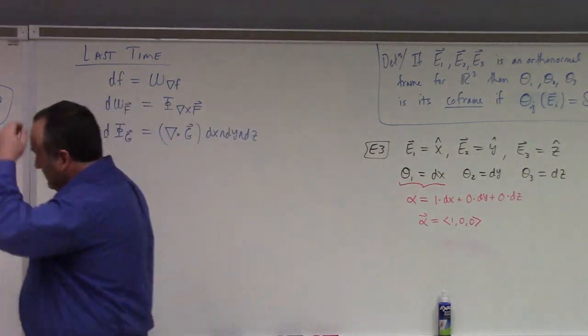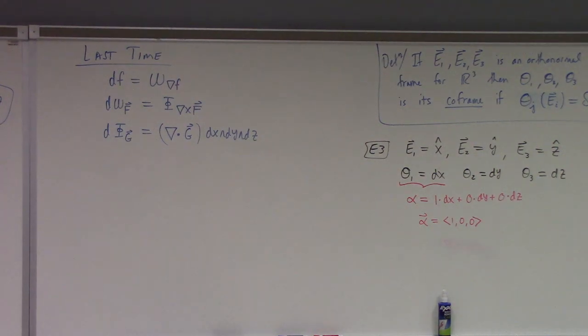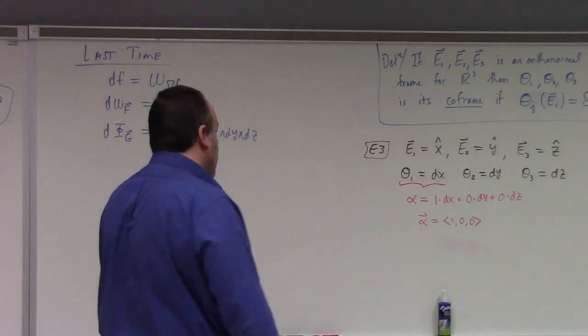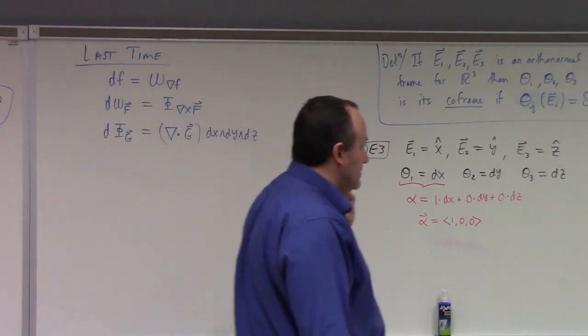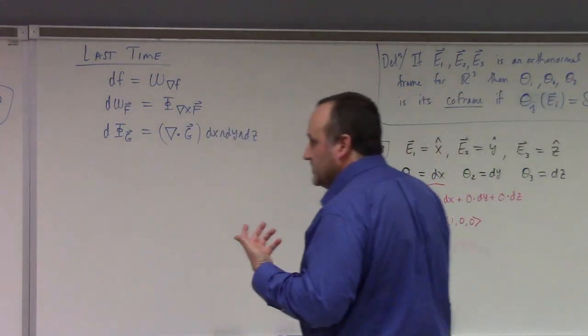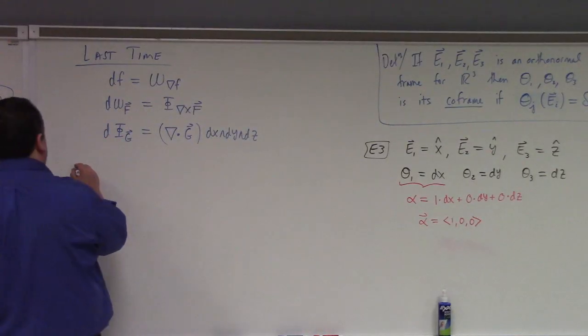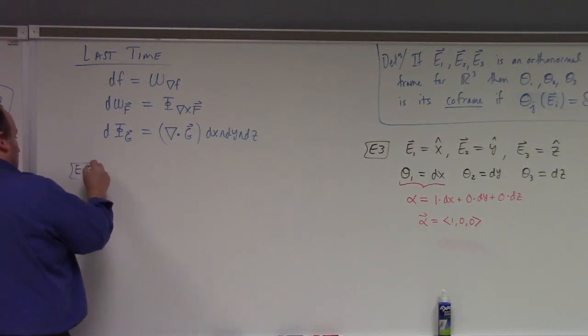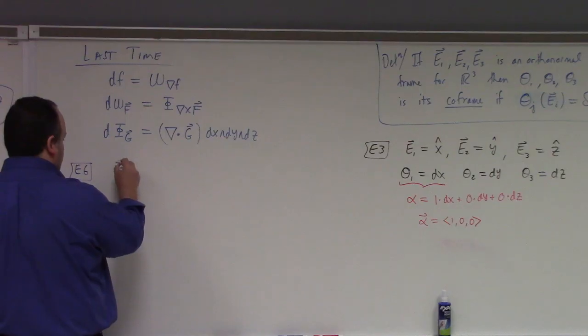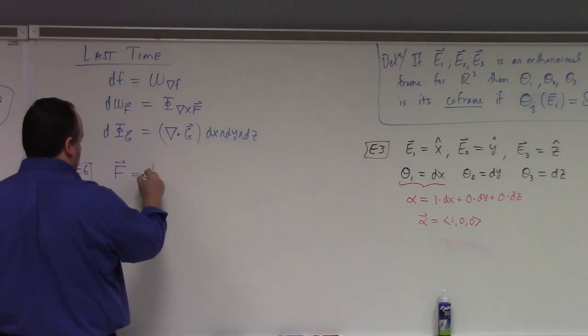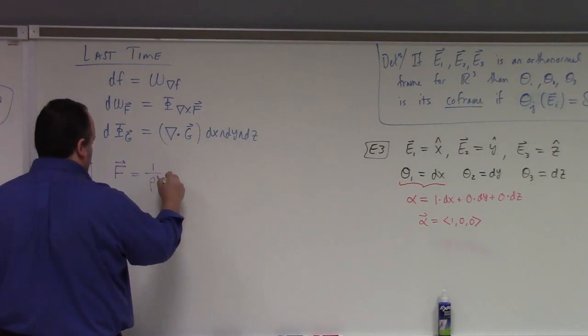So, some easy pickings here, I think. Example 6. Let's think about the vector field F equals 1 over rho squared rho hat.